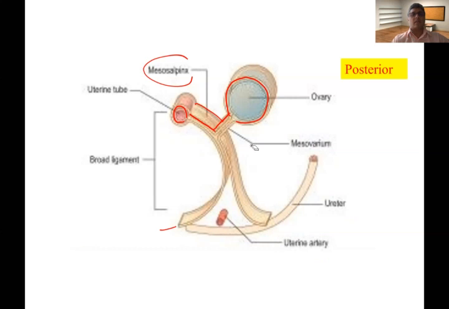And when he cuts the artery before he removes the uterus, he will cut accidentally both together. He cut this and this both. So there will be obstruction to the ureter.